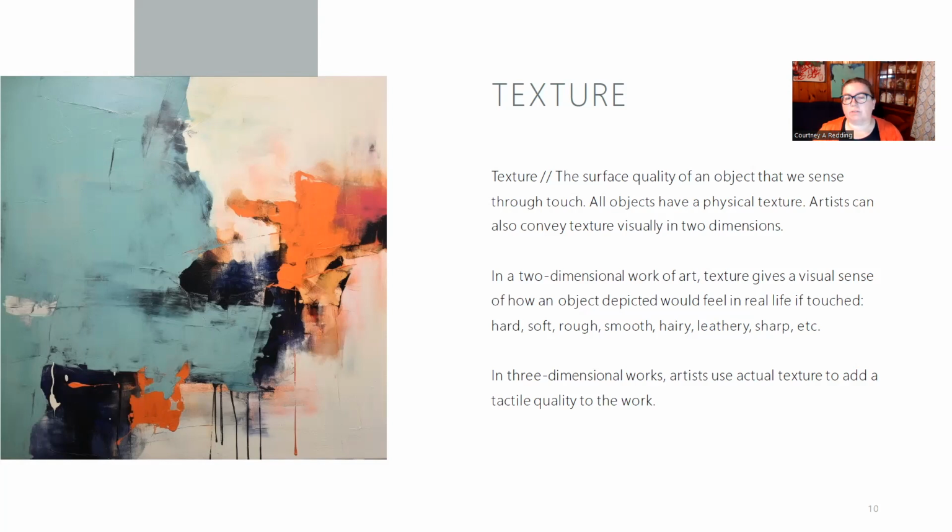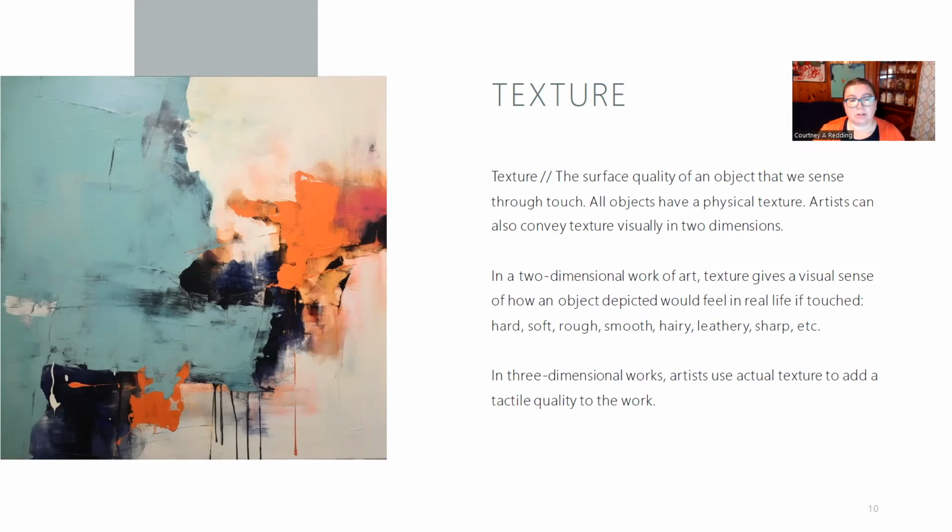Is it hard, soft, round, smooth, leathery, sharp? You'll see a lot of still lifes with metal objects so that you can get that reflection. You can see that it's a nice smooth object, versus something like, in art history, a fur-lined robe. And it should look like fur at least.